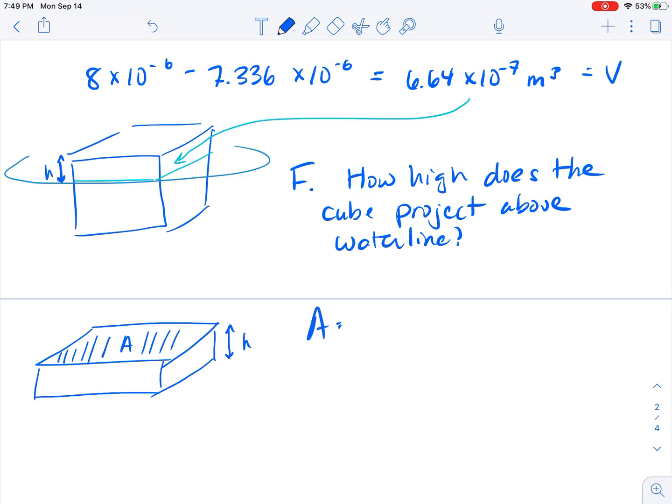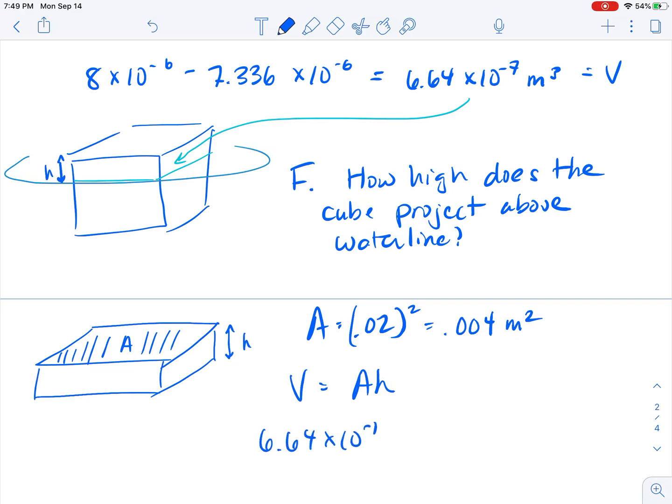And the cross-sectional area I can figure out because I know that the cube is 2 centimeters, or 0.02 meters, on a side. And I know that the volume is that cross-sectional area times h. So if I take 6.64 times 10 to the negative 7th, that's my volume, equals my area, 0.004, times height.